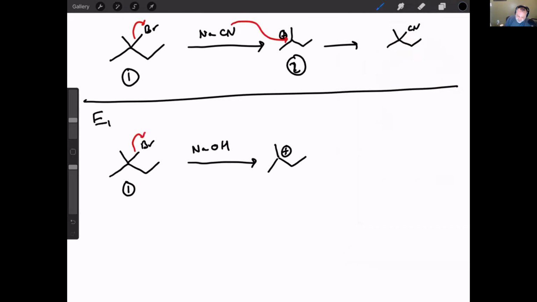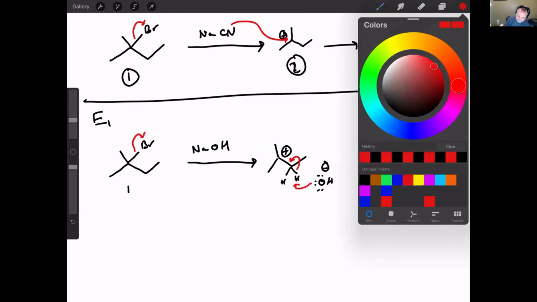But now in this case, I have a base in the solution, and the base could do a proton transfer and I could form an elimination product.